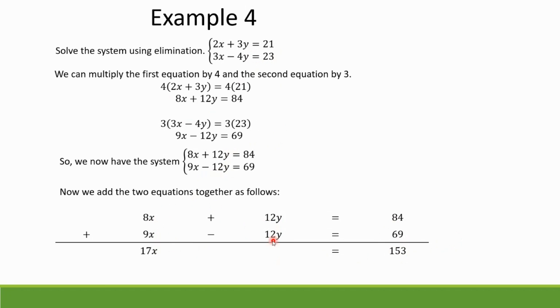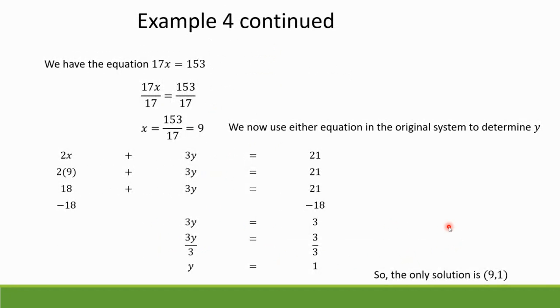One of the variables is gone. We have 17x equals 153. But again, we want x, so what do we do? Divide by 17. We get x is 153 over 17, which is 9.